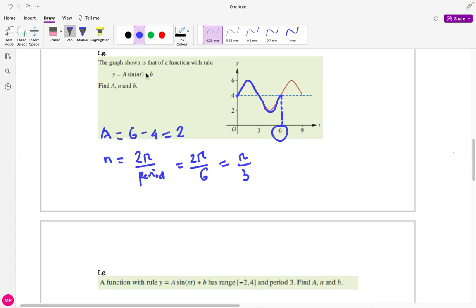And B is technically the middle point, which is 4. So B is the midline, which equals 4. There you go. Therefore, the equation will be y equals A is 2 sine of n is pi over 3 t plus B is 4, plus 4.